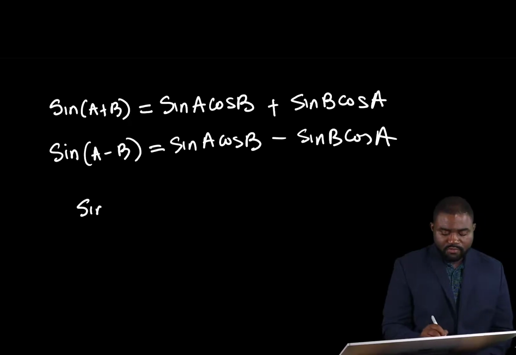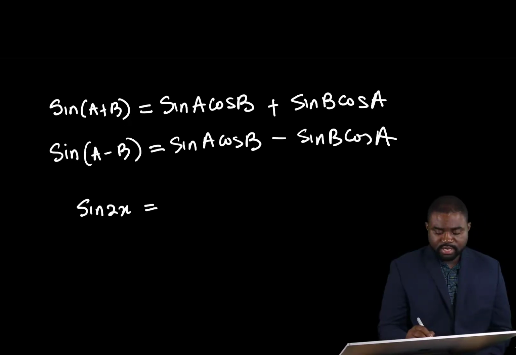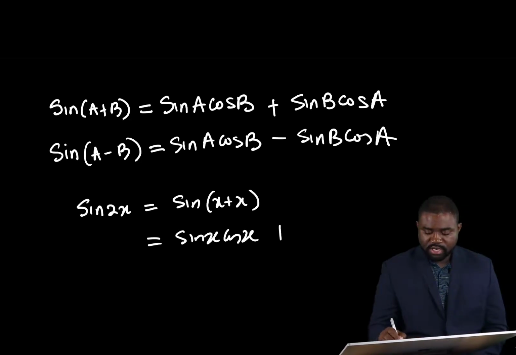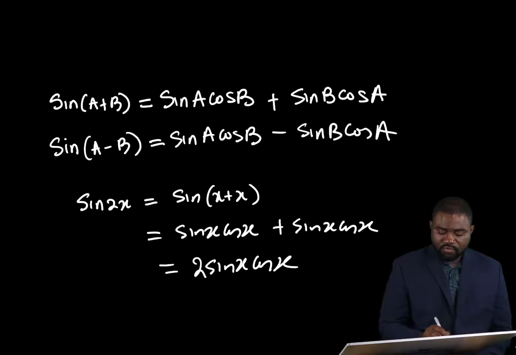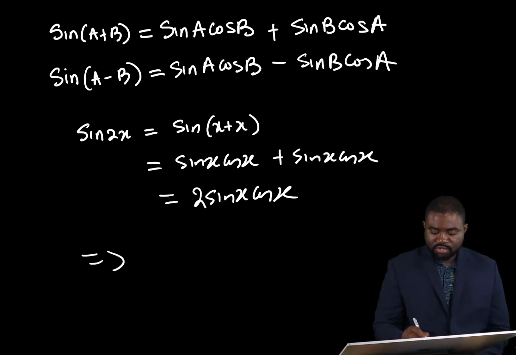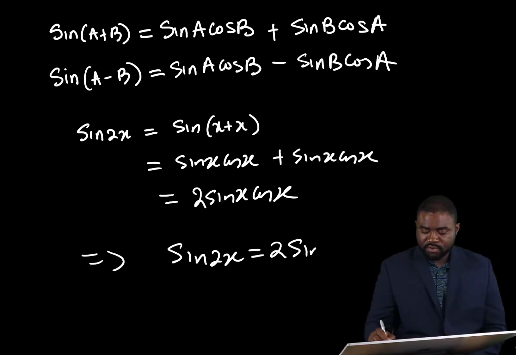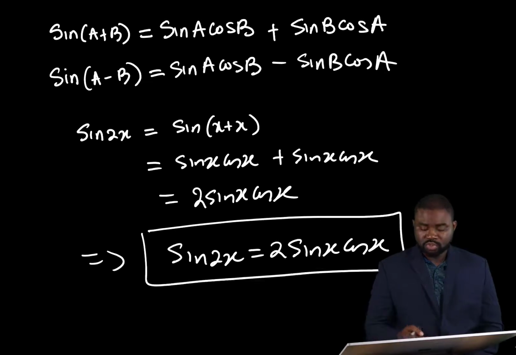Sine 2x can be rewritten as sine x plus x, which is the same as sine x cosine x plus sine x cosine x. This is the same as 2 sine x cosine x. So we can therefore conclude that sine 2x is equal to 2 sine x cosine x, and this will become very handy in projectile motion.